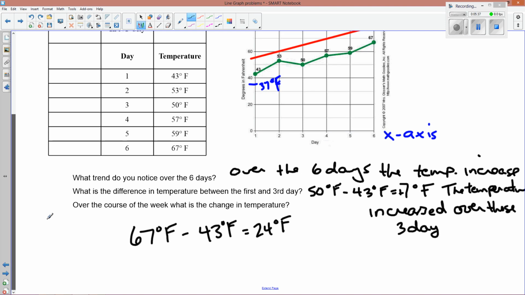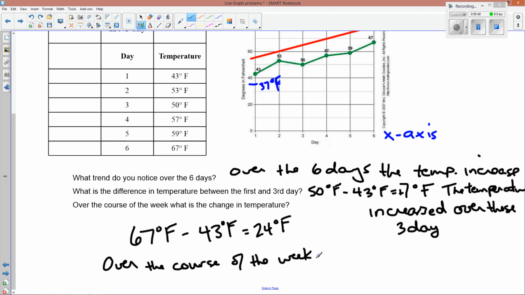And you can write, over the course of the week, the temperature increased 24 degrees Fahrenheit, which is roughly 15 degrees Celsius. Roughly 10, 15, yeah, about 15 degrees Celsius.